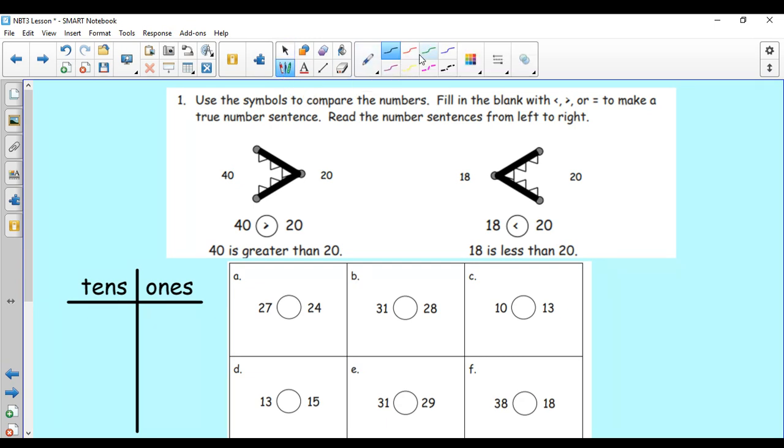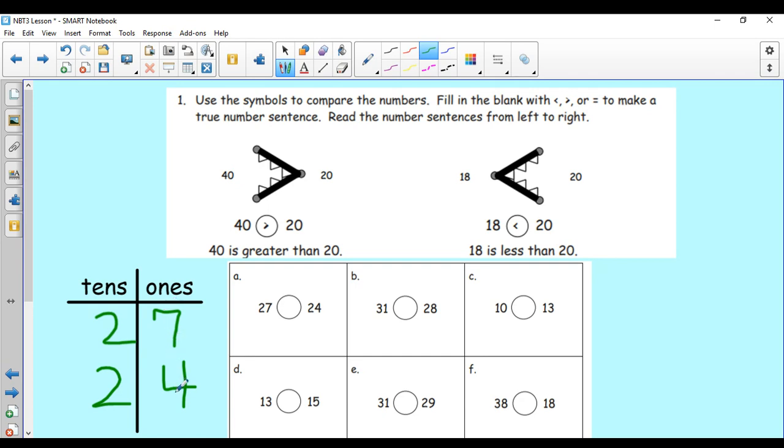All right, so I'm going to write out the number 27. I'm using my computer mouse for this, so it's a little sloppy. And then the number 24. Now, I wanted to use this chart for this one because if we look at both numbers, they have the same number of tens, so then we have to look at the number of ones and see which one has the larger number of ones when they have the same number of tens.